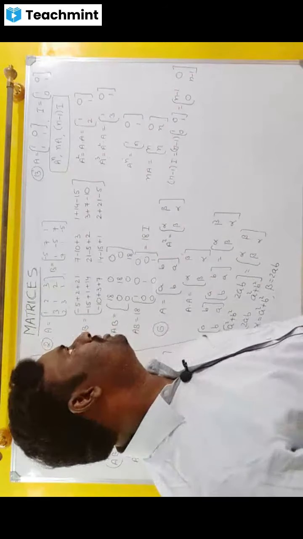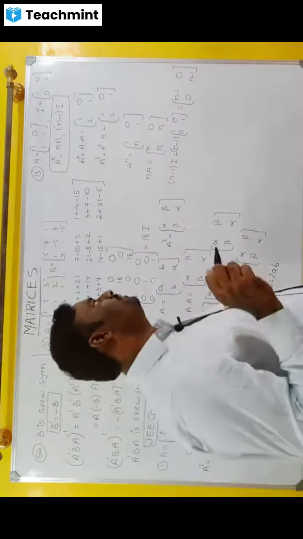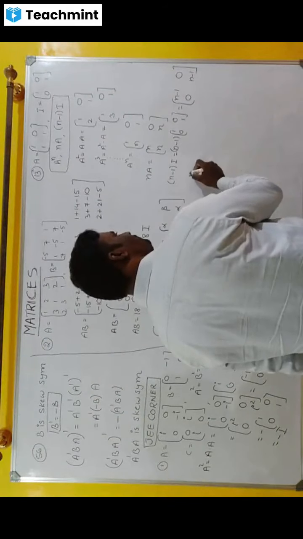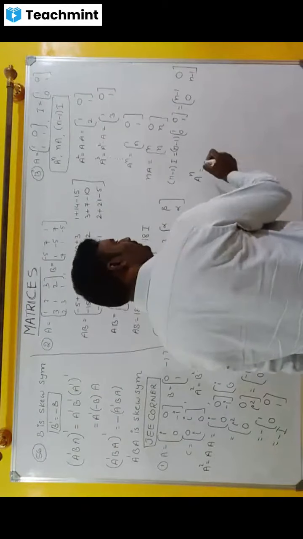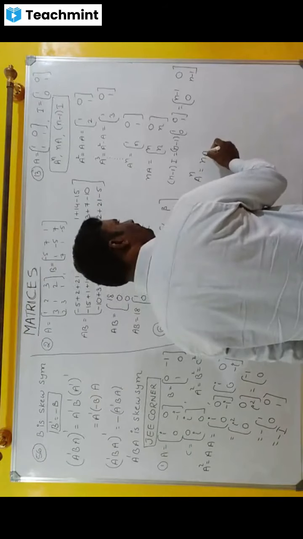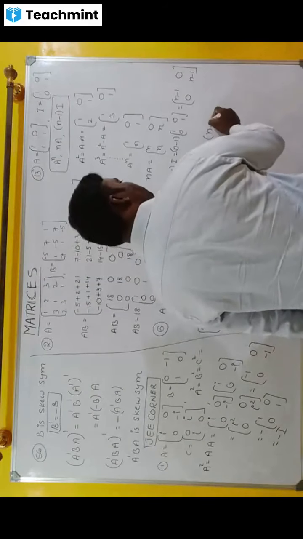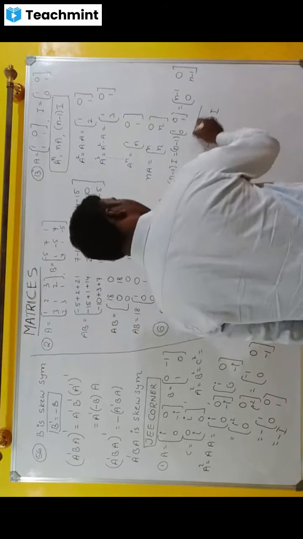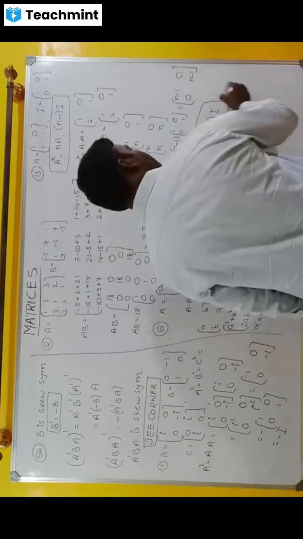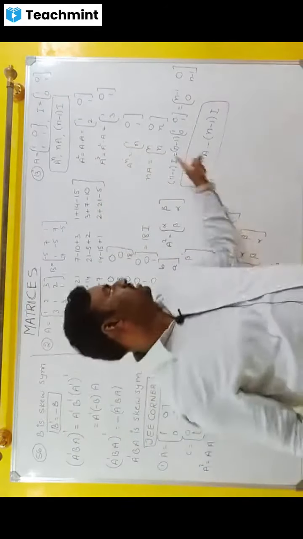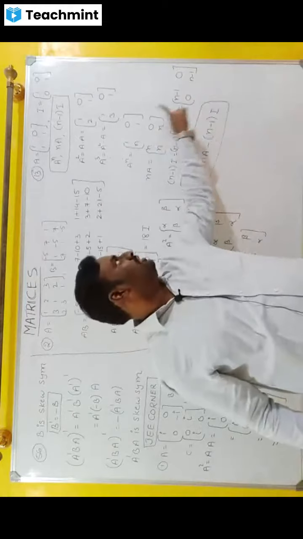From these three values, what is the condition we can observe? A power n is equal to nA minus n minus 1 into I. What is the meaning of this condition? If you subtract these two values, you will get this.